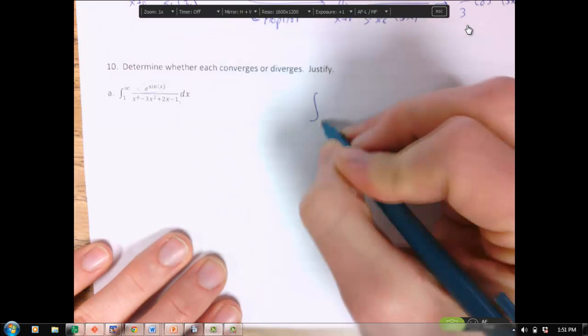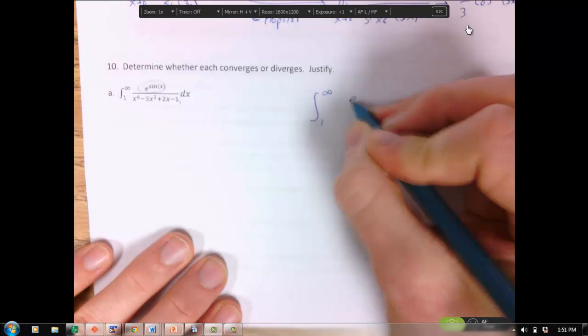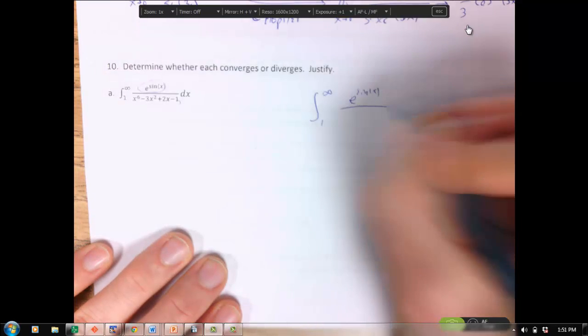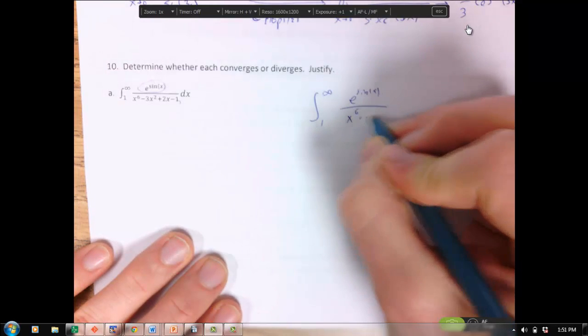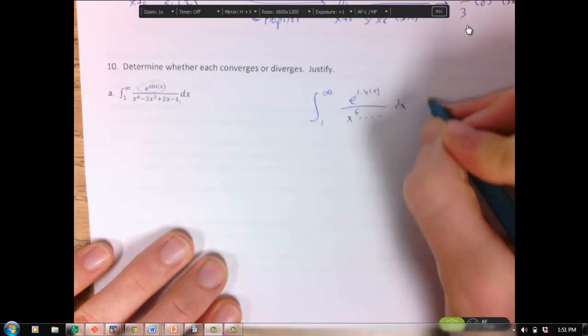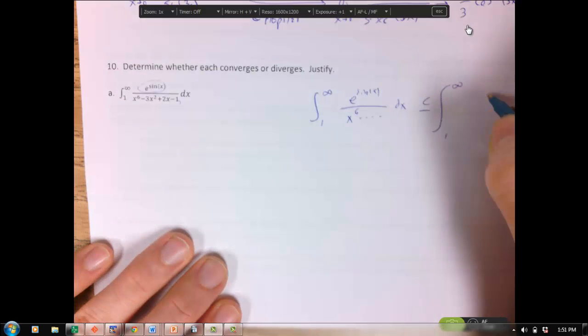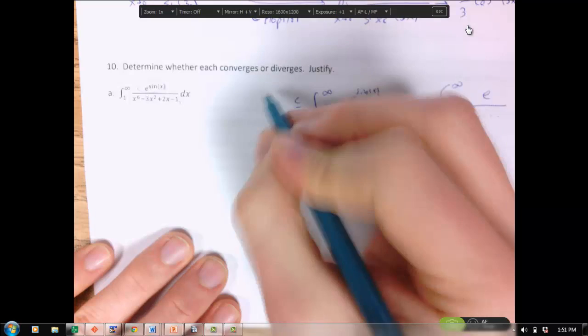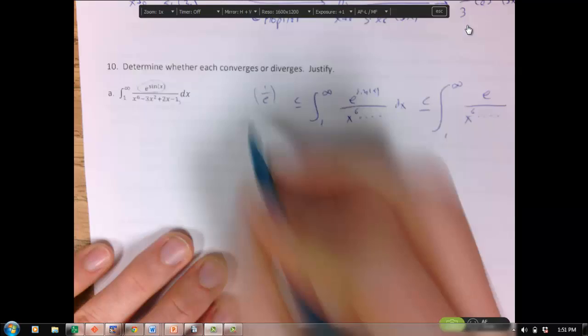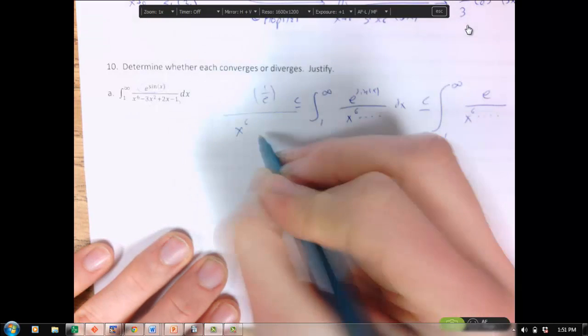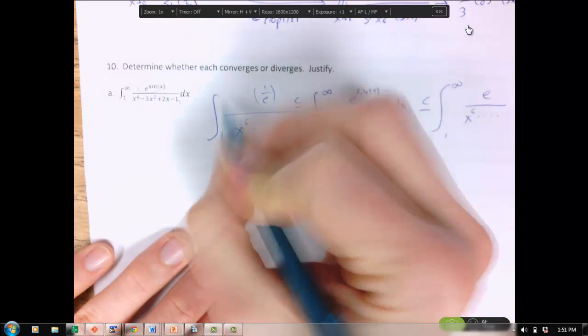We can say this integral, e to the sine x over x to the 6th, and that other business is still there, must be less than or equal to e over all that same stuff. And it must be greater than or equal to e to the negative 1 divided by all that same stuff.